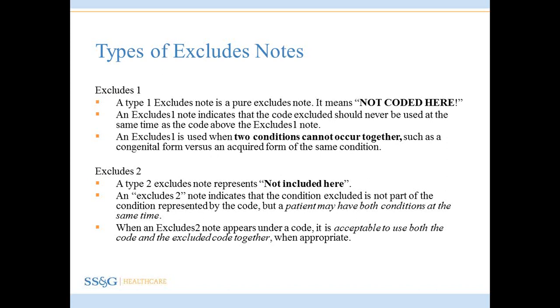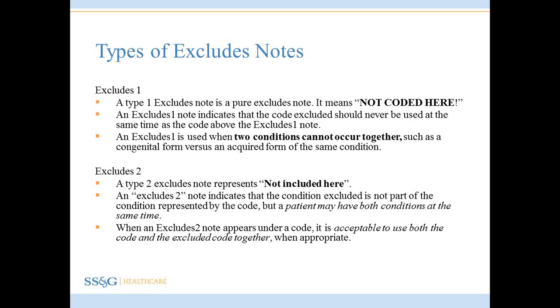An Excludes 1 note indicates that the code excluded should never be used at the same time as the code above with the Excludes 1 note. An example is when two conditions cannot occur together, such as a congenital form versus an acquired form of the same condition. Excludes 2, a type 2 excludes note, represents "not included here."